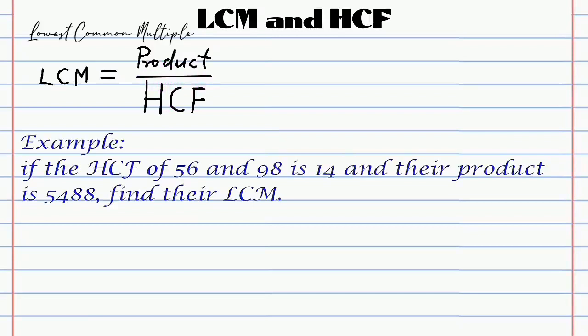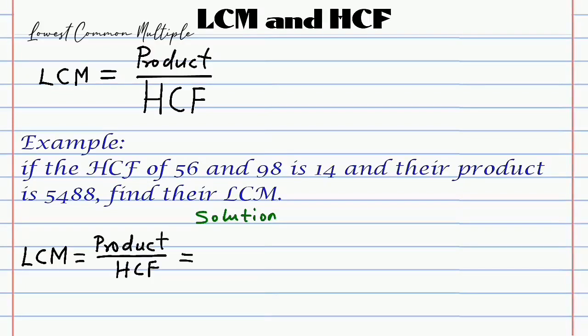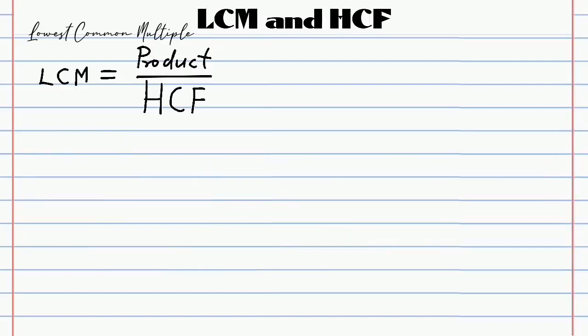If the HCF of 56 and 98 is equal to 14 and their product is equal to 5488, find their LCM. So from the formula, LCM is equal to product over HCF. So the product is equal to 56 times 98, which is 5488 divided by 14. Our answer is 392 as we have here.